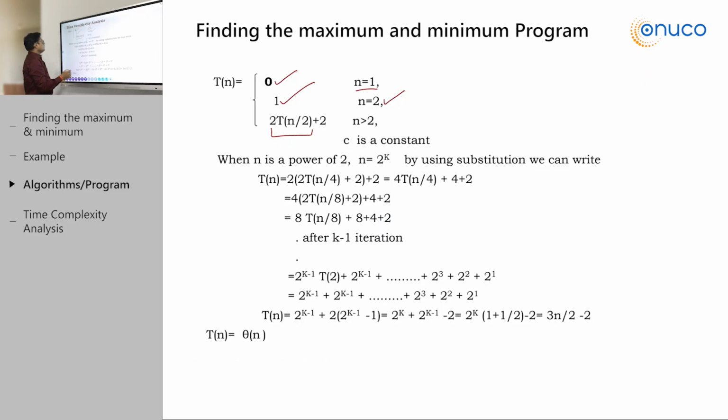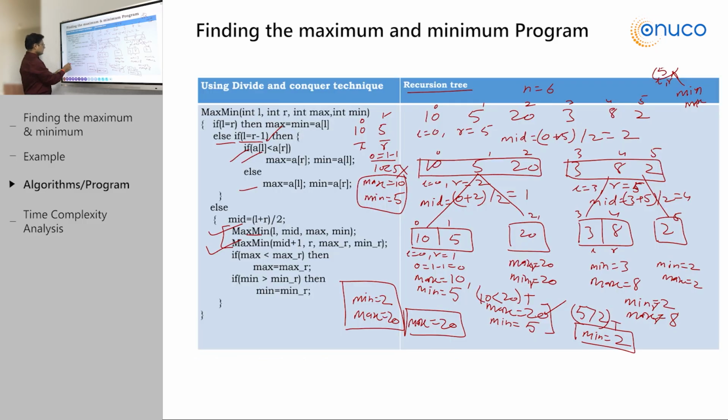And these two are basically for the comparisons. Either you compare and assign these values, or you do this part, under this recursive call.